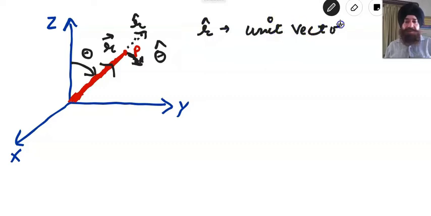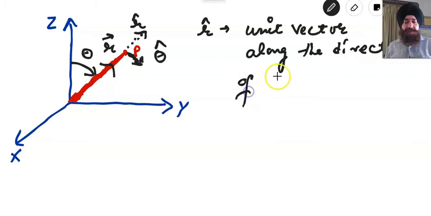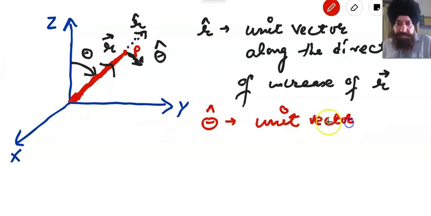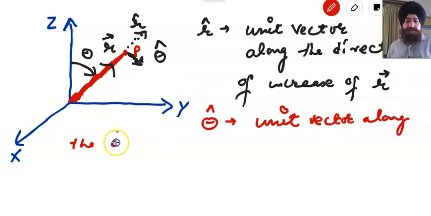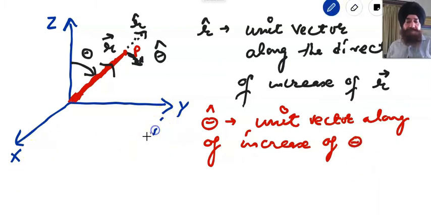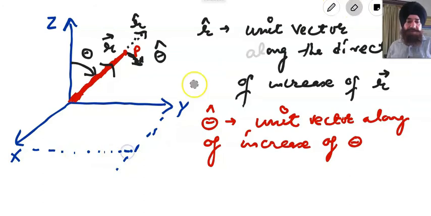So r cap is a unit vector along the direction of increasing r vector. Theta cap is a unit vector along the direction of increasing theta.